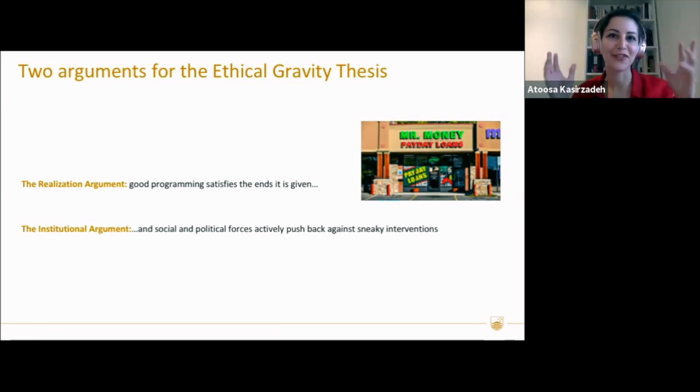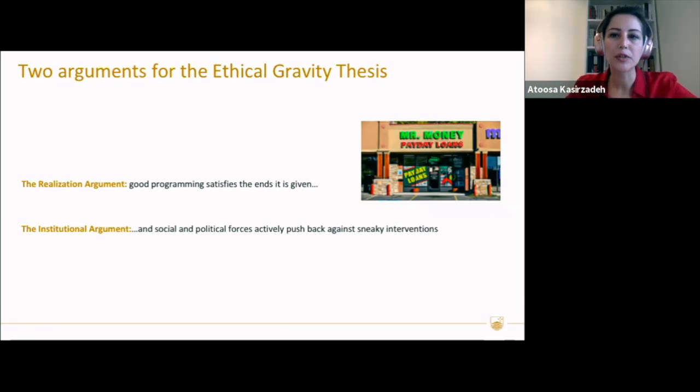The idea is that if there's an ethical problem coming from the functional level, we can't design a super ethical algorithm at a lower level, whatever that means, at the computational or algorithmic level, and say that this algorithm in a robust way is going to resolve that ethical problem.